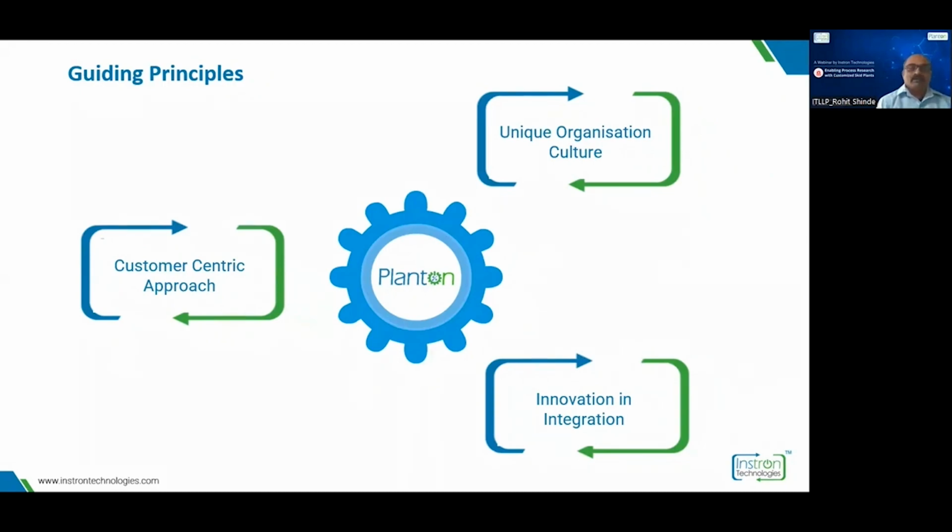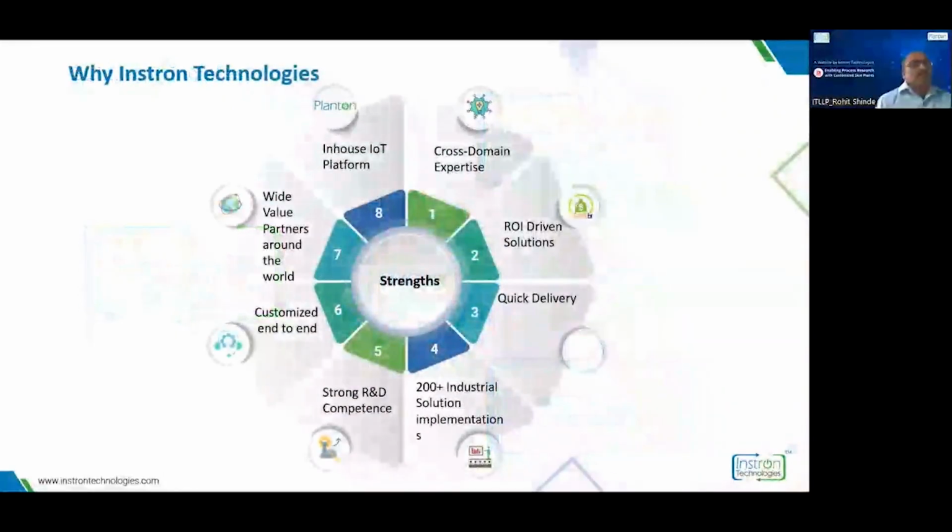One of the reasons why Instron Technologies makes a difference in the industry is because of our unique strengths. We stand out as the preferred supplier for customers due to our solutions focused on delivering return on investment and quick and efficient delivery.